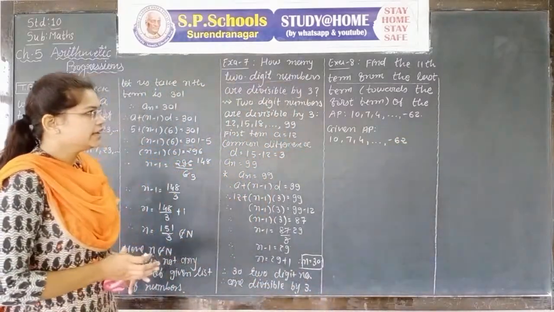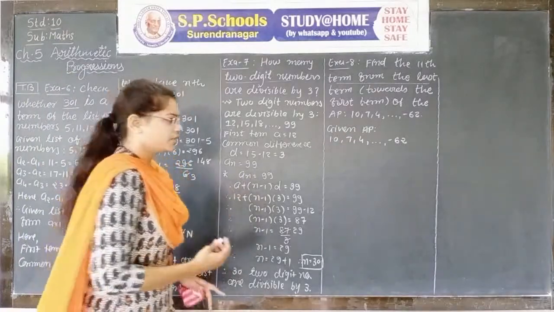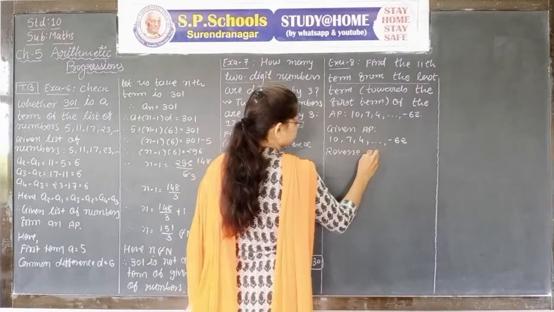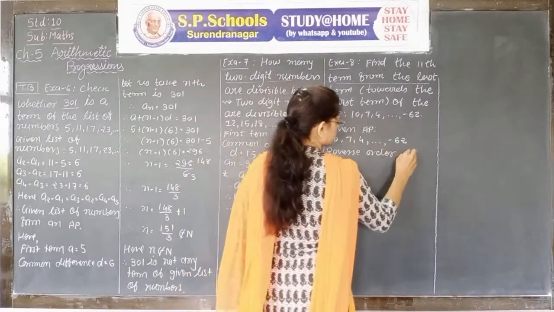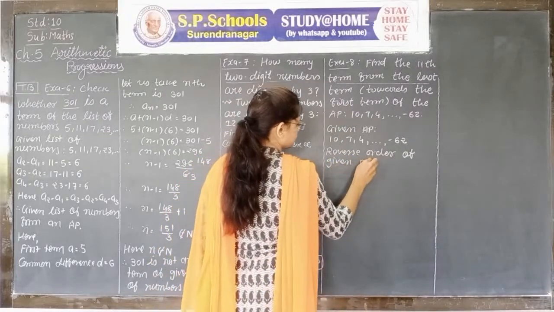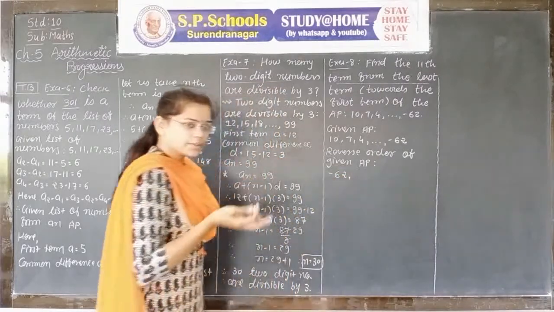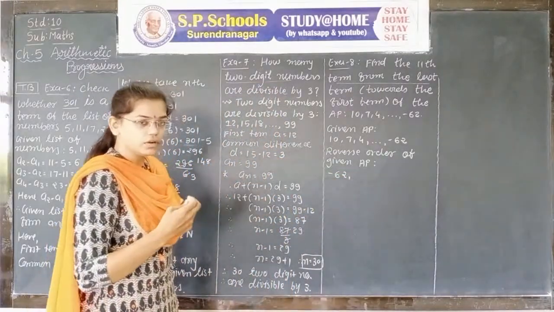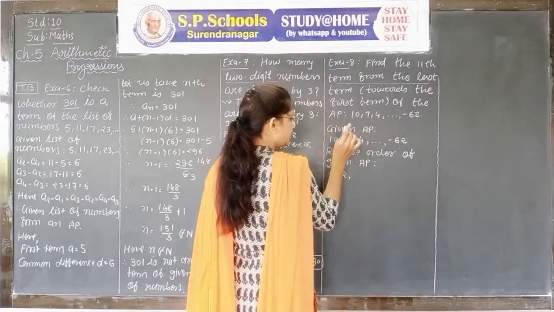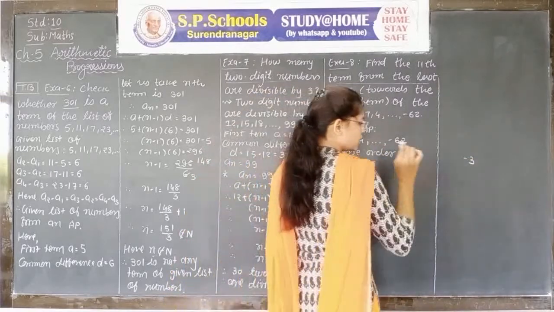Whenever we find a term from the last, first write the AP in reverse order. Reverse order of the given AP. The last term becomes the first term and the first will become the last term. Now how to obtain the second last term? See here, in the given AP the common difference is minus 3. 7 minus 3 is 4.